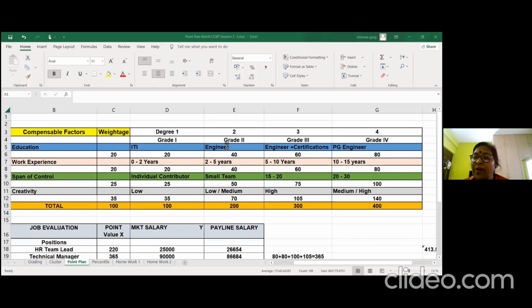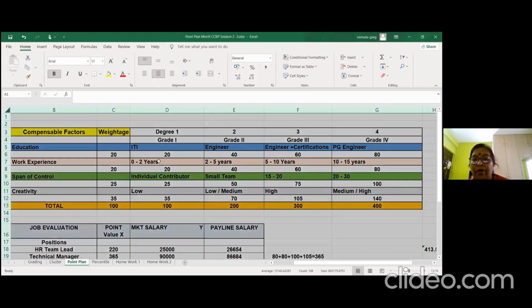Since I have 5 degrees here, I can have 20, 40, 60, 80. That's how I've got my points for the different degrees. Now again multiply this 20 by all the degrees. Now 25, so 25, 50, 75, 100. Now creativity 35, so degree 1 35, 70, 105 and 140.